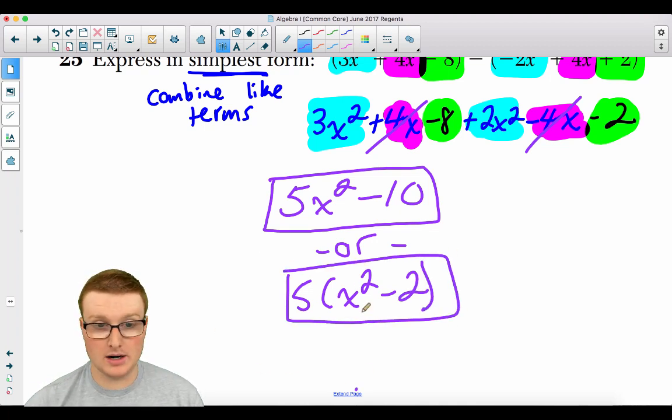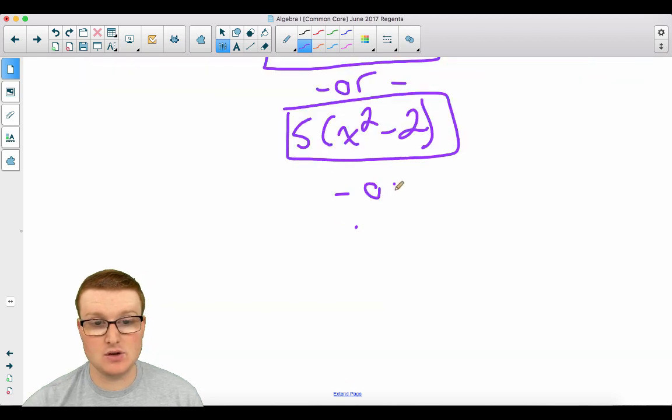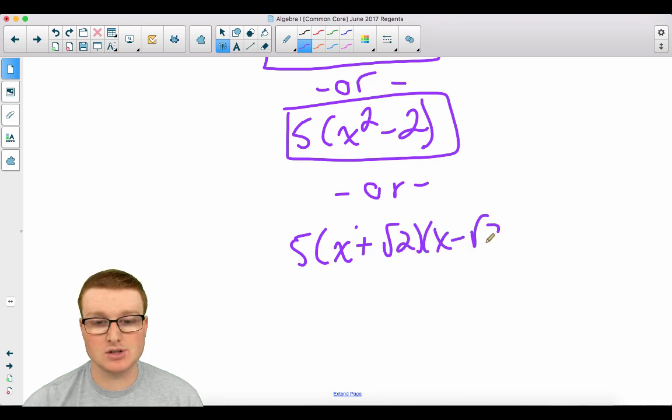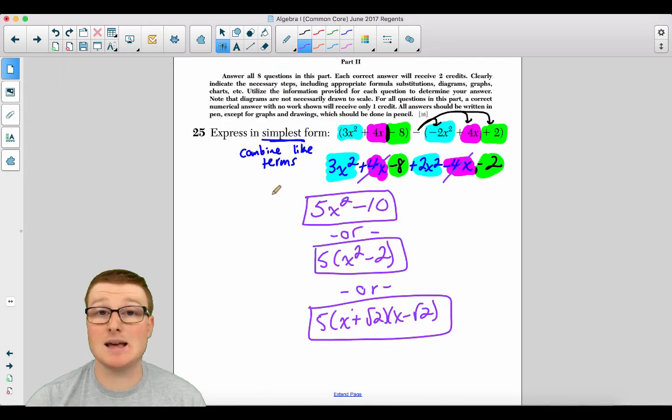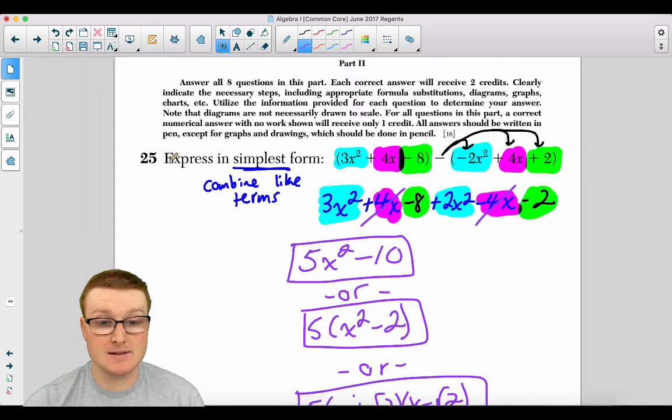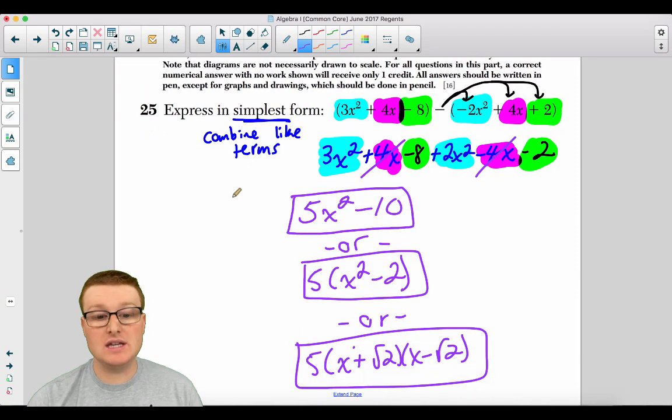Or if you wrote it as 5 times (x plus radical 2)(x minus radical 2). Any of these answers are completely acceptable. However you did it, as long as you got to one of these three answers, you did it correctly.